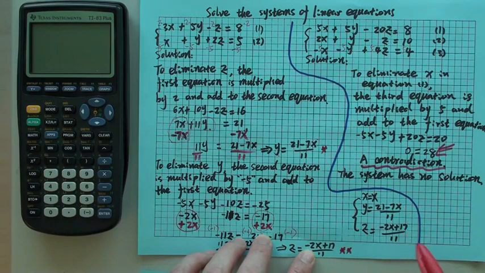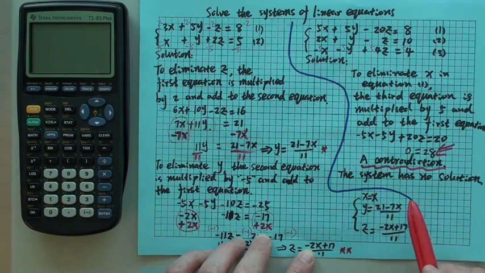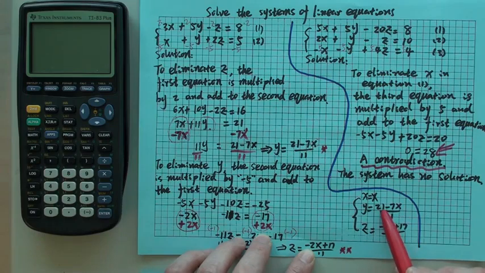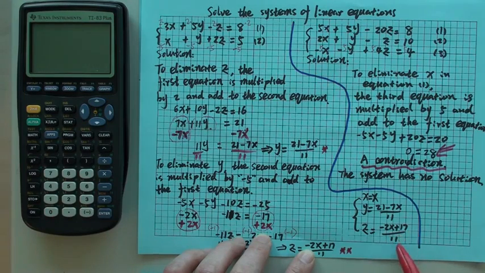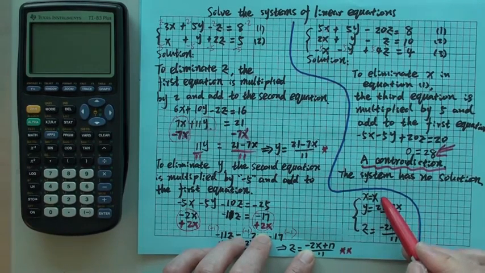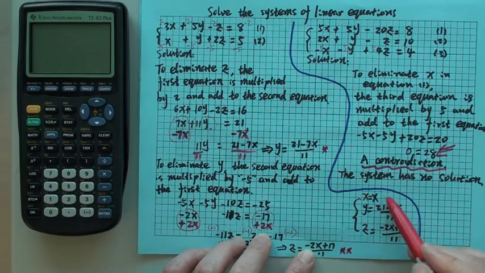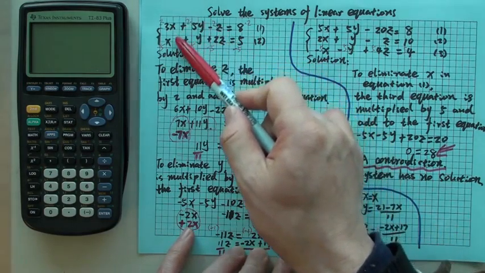This tells us that for each different x, if you put x as 1 here, then you have y equals 21 minus 7 times 1 divided by 11, and z equals negative 2 times 1 plus 17 divided by 11. You have one group of solutions for x, y, z. You did it for x equals 1, you can do it for x equals 2, 3, 4. In this case, this system has infinitely many solutions.